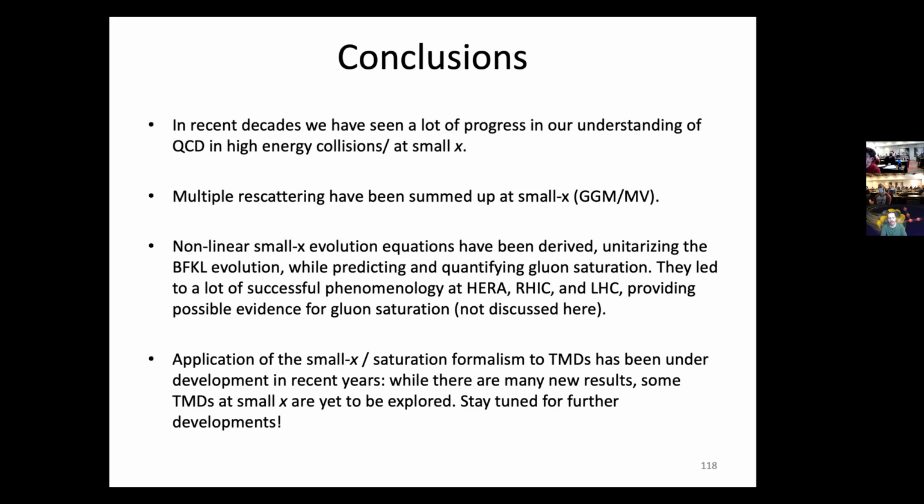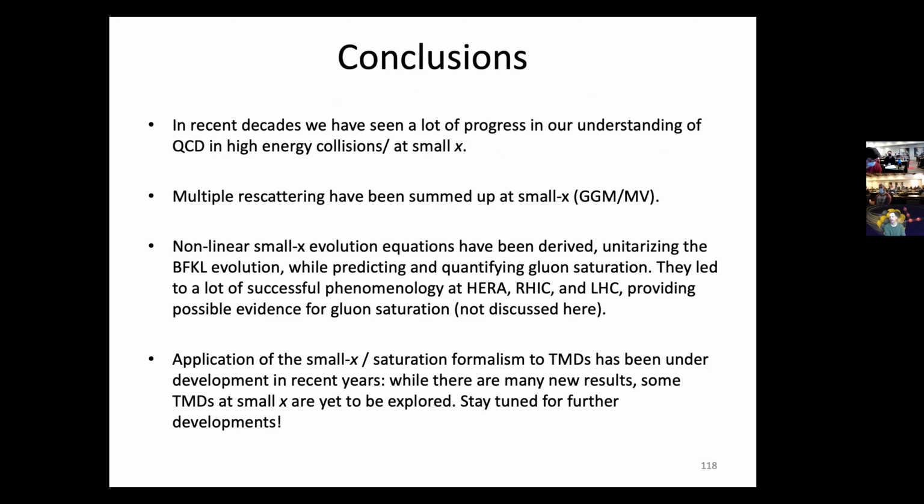I'm sorry for running over. So let me summarize. In this couple of talks yesterday and today, I hope I gave you at least a sense of what we do at small x.